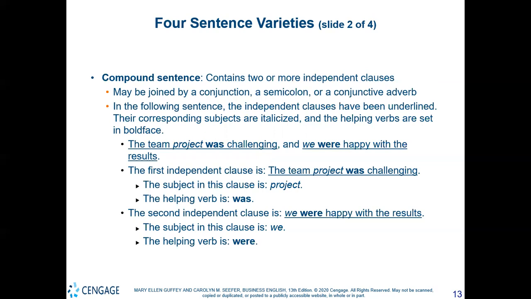The team project was challenging, and we were happy with the results. The first independent clause is, the team project was challenging. The subject in the clause is project. The helping verb is was. The second independent clause is, we were happy with the results. The subject in this clause is we. The helping verb is were.